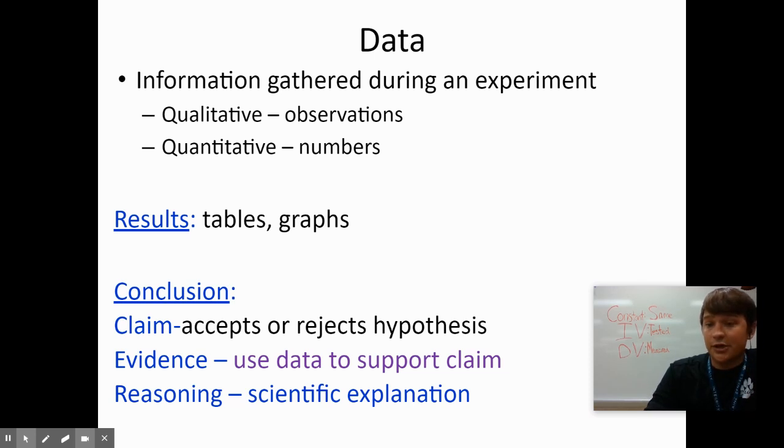So a scientific explanation might be as simple as, it turns out 250 milliliters was too much water, and that's why it killed the plant. Therefore, my hypothesis was incorrect. The more water you add, the less the plant grows. Something like that. Or my hypothesis was correct because I didn't add enough water, so it didn't have the full potential to grow.